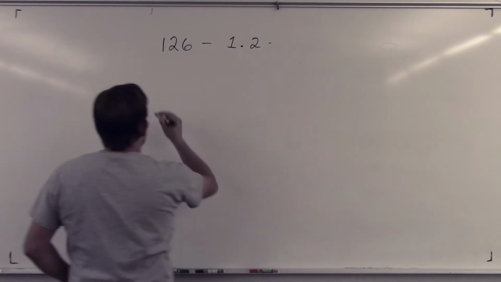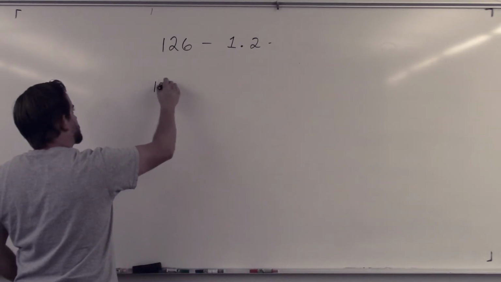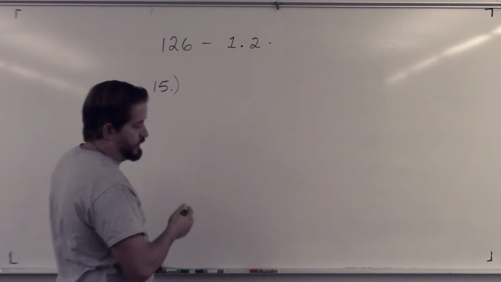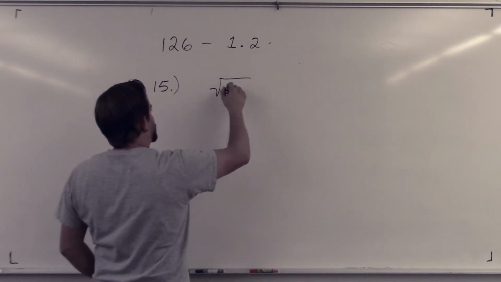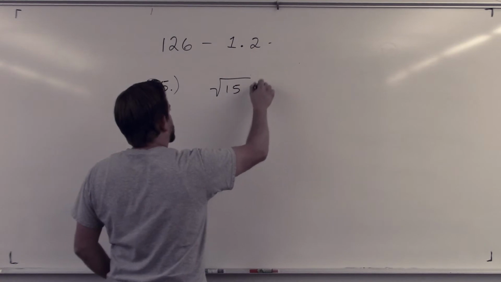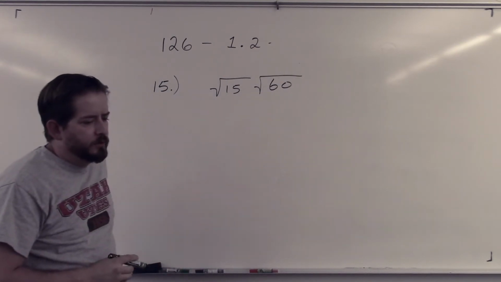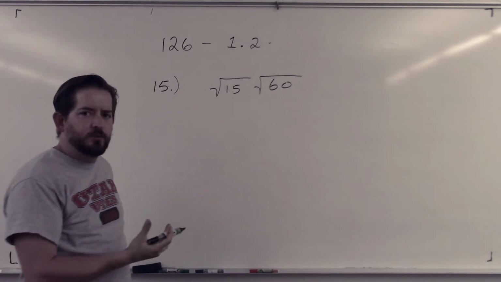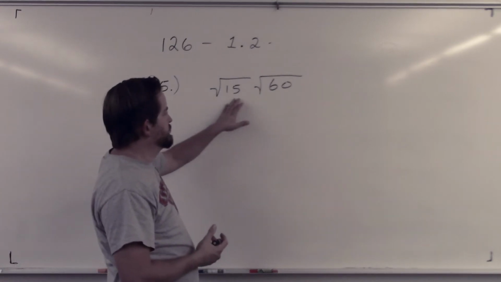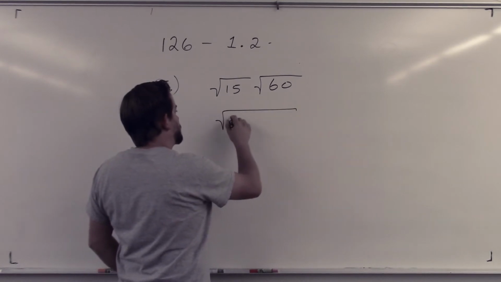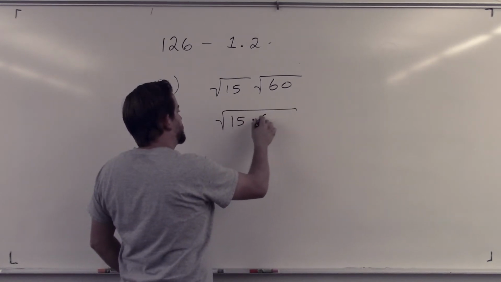Number 15 was asked. So 15 says evaluate again, and I'm given the square root of 15 multiplied by the square root of 60. So if I have two radicals being multiplied, square root of something times the square root of something else, I can call that the single square root of those things multiplied together.